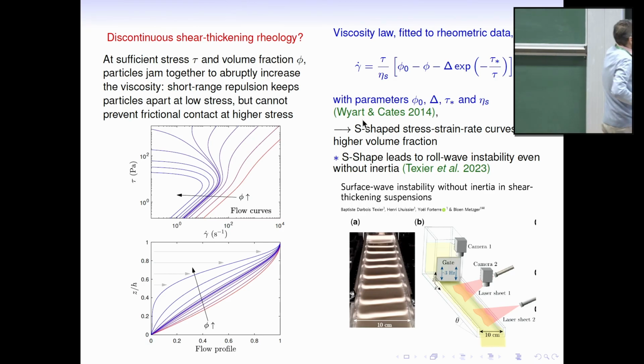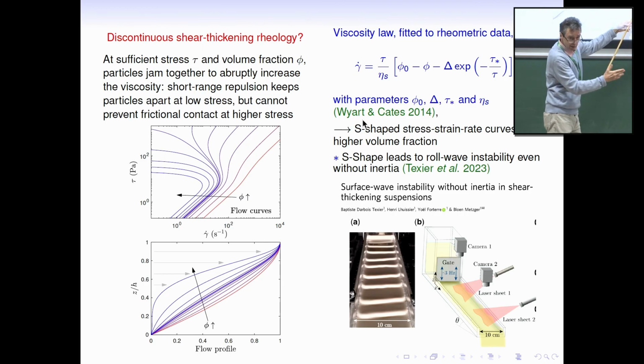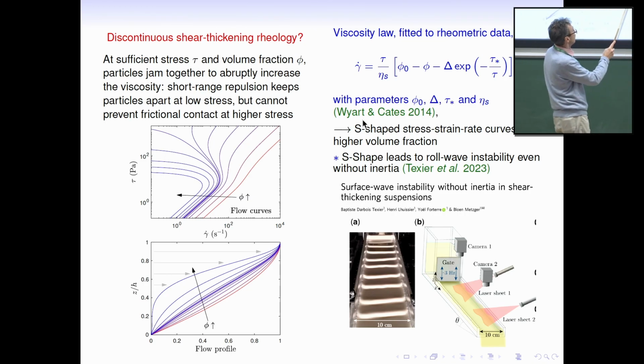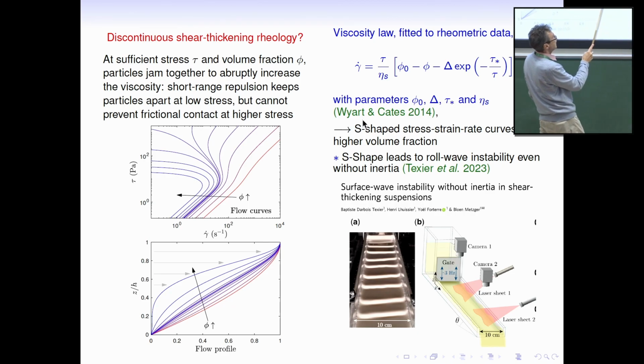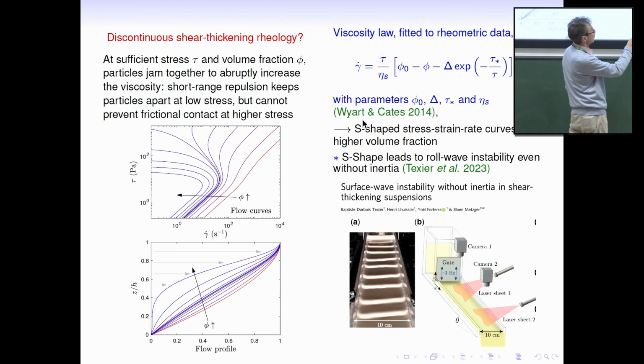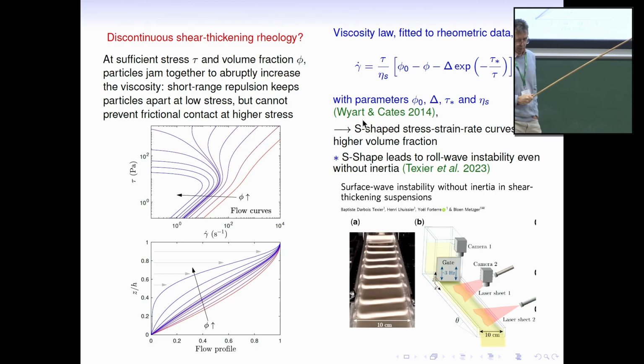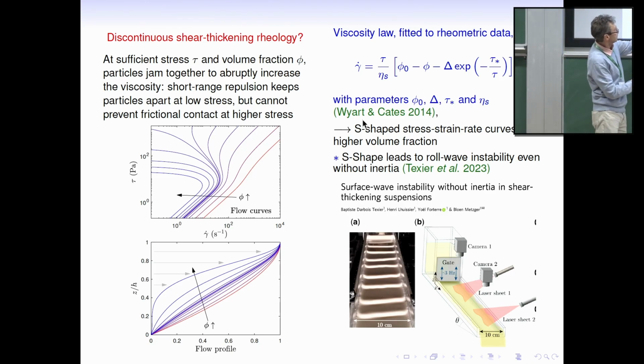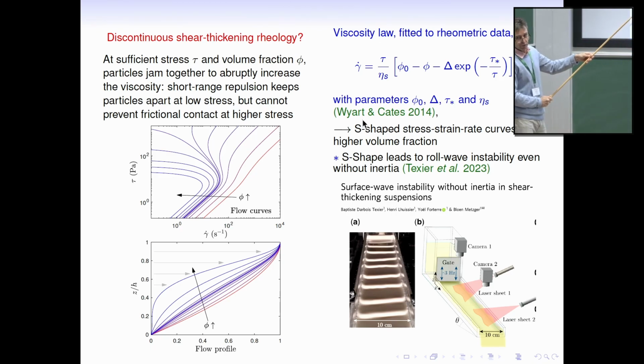So here's a model due to Wyart and Cates, where you have a volume fraction phi. There's a bunch of other parameters in here. You say basically that the shear rate is a function of the stress in a way that depends upon this volume fraction. For low volume fractions, here's what the flow curve looks like, much like a Newtonian fluid.